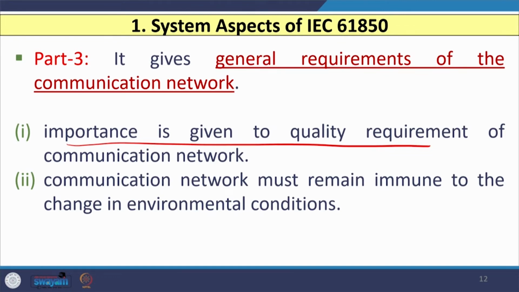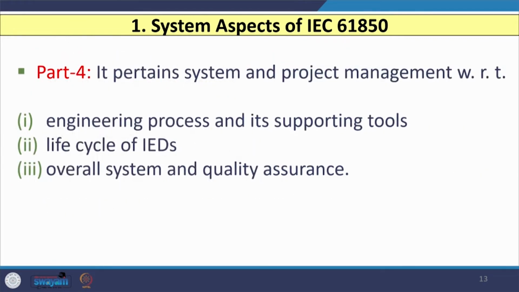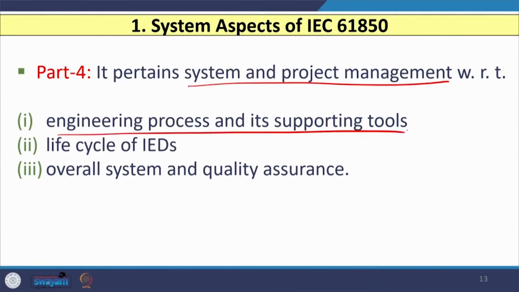In part 4 of system aspects, which is related to system and project management, this is discussed with reference to engineering processes and their supporting tools, the life cycle of IEDs, and the overall system and quality assurance, how we can carry this out. Those issues are discussed in part 4.